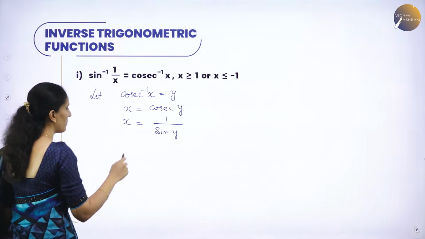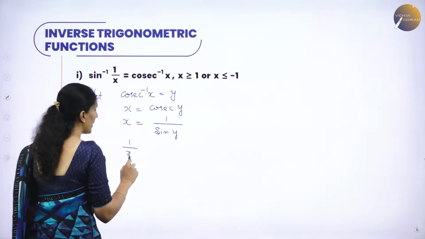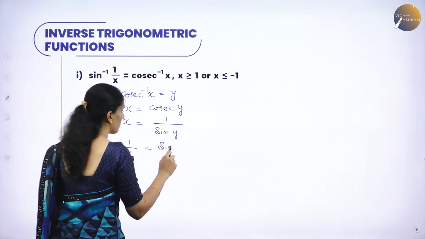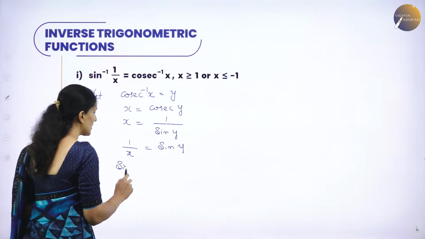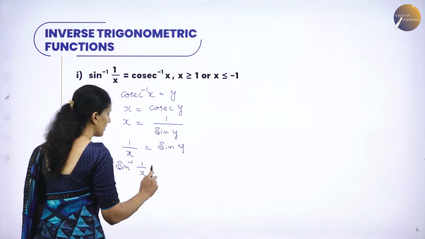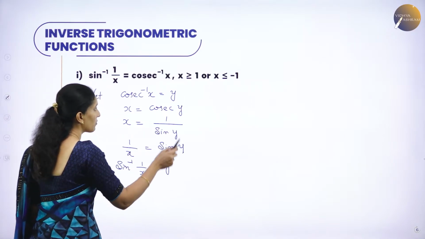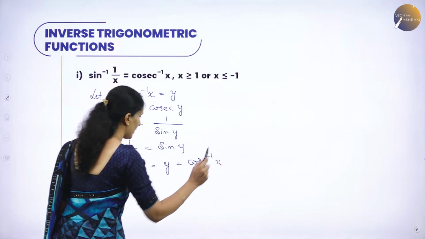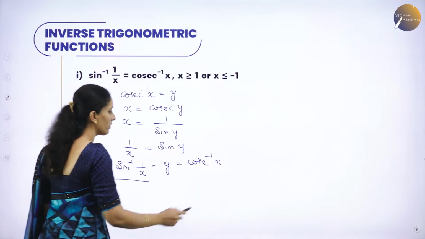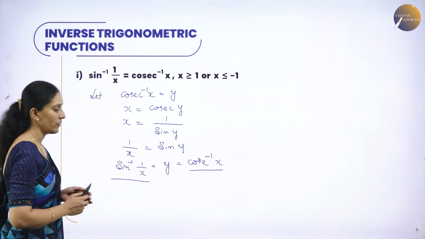If you take the reciprocal, I will get 1 by x is equal to sine y. If you move the function to the left hand side, then it becomes sine inverse 1 by x is equal to y. What is y we have taken? It is cosecant inverse x. See here, we have got sine inverse 1 by x is equal to cosecant inverse x.